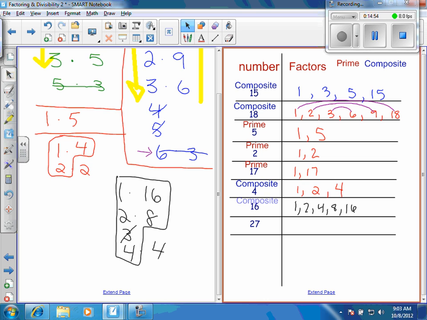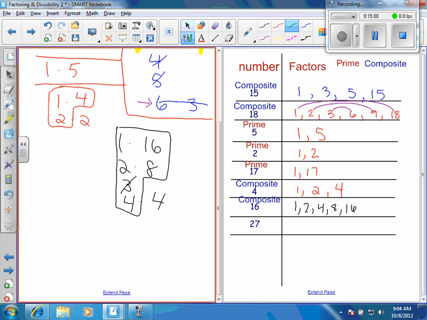Joe, what about the factors of 27? 1 and 27. Does 2 go in? Does 3 go in? Yeah. How many times? 9. How about 4? 5? No. 6? 7?